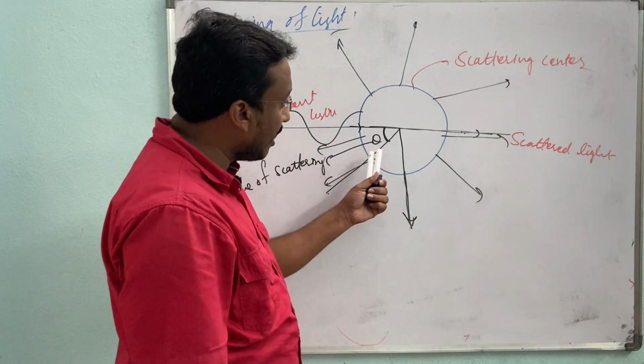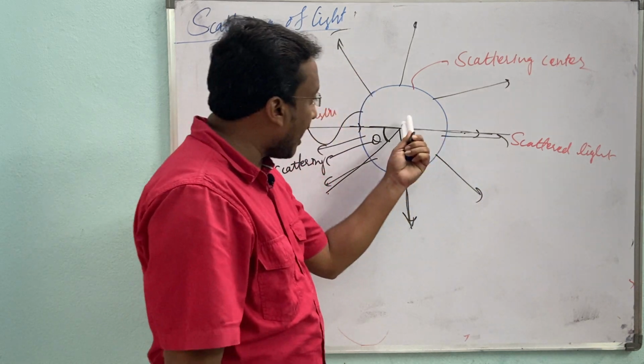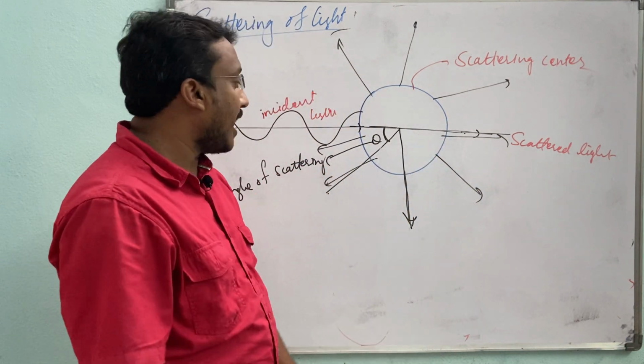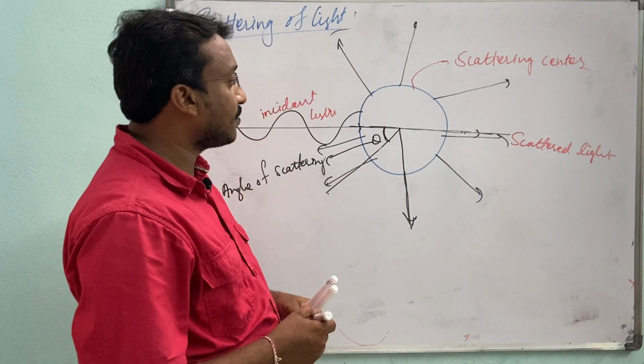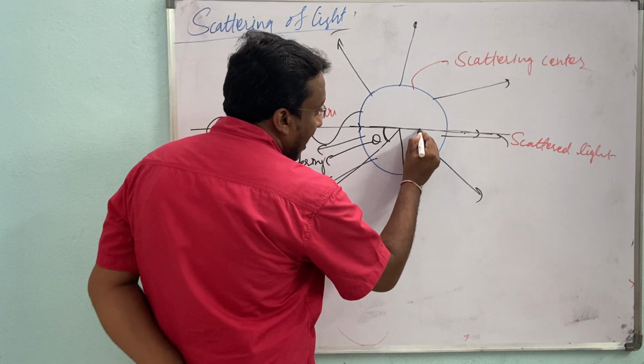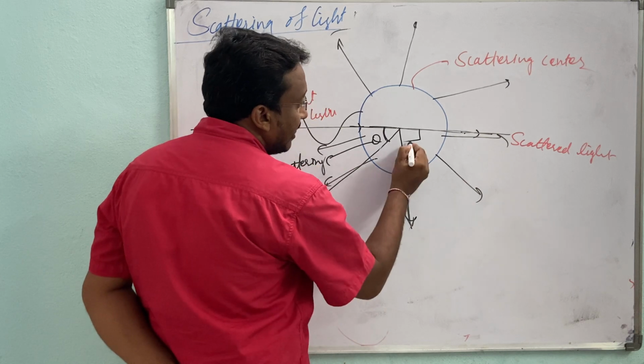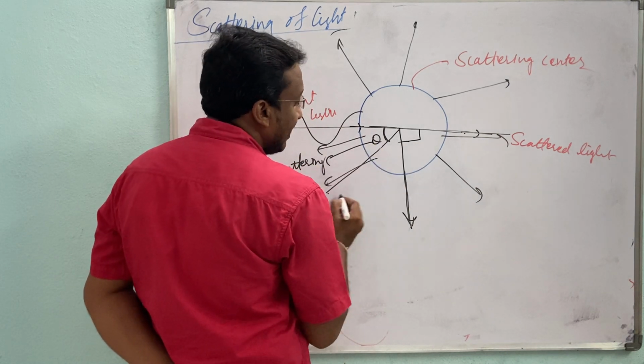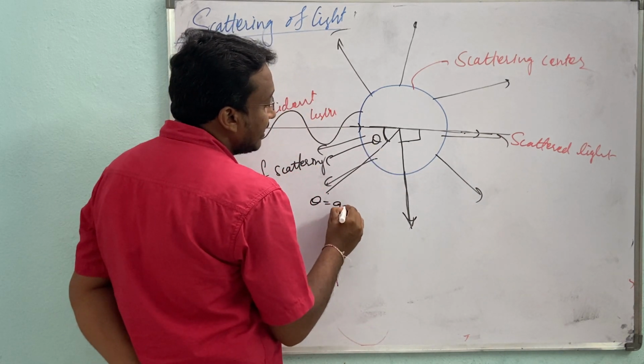The angle between incident light and scattered light is called the angle of scattering. And here we have noticed the scattering angle equal to 90 degrees.